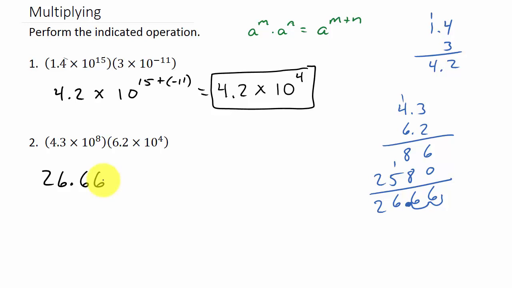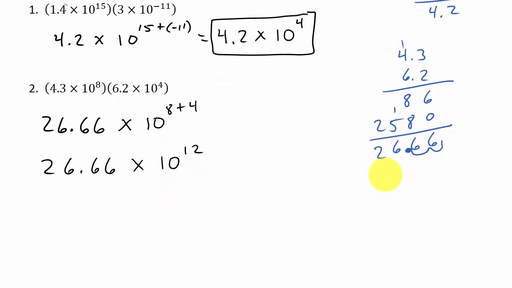Yeah, and that's it, 26.66 times, and then the 10 to the 8th times 10 to the 4th, that would be 10 to the 8 plus 4, and so that gives us 26.66 times 10, and then 8 plus 4 would be 12.